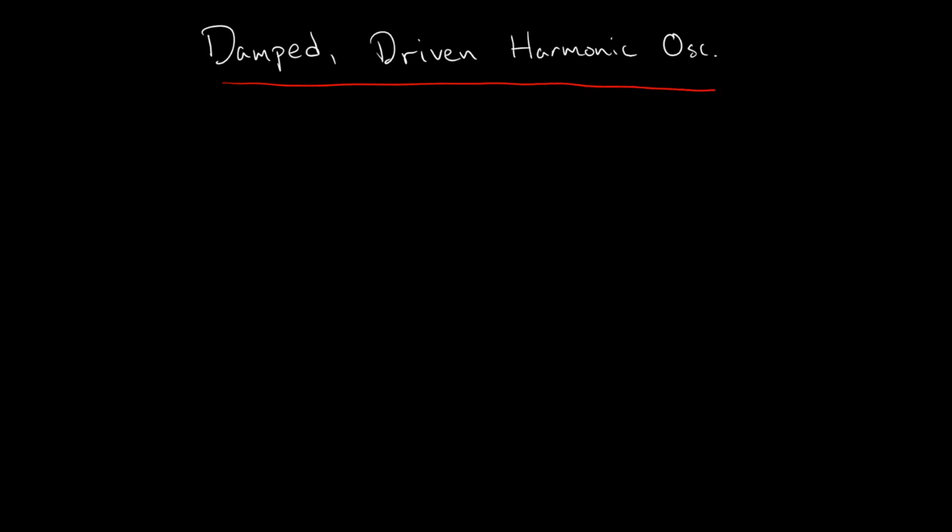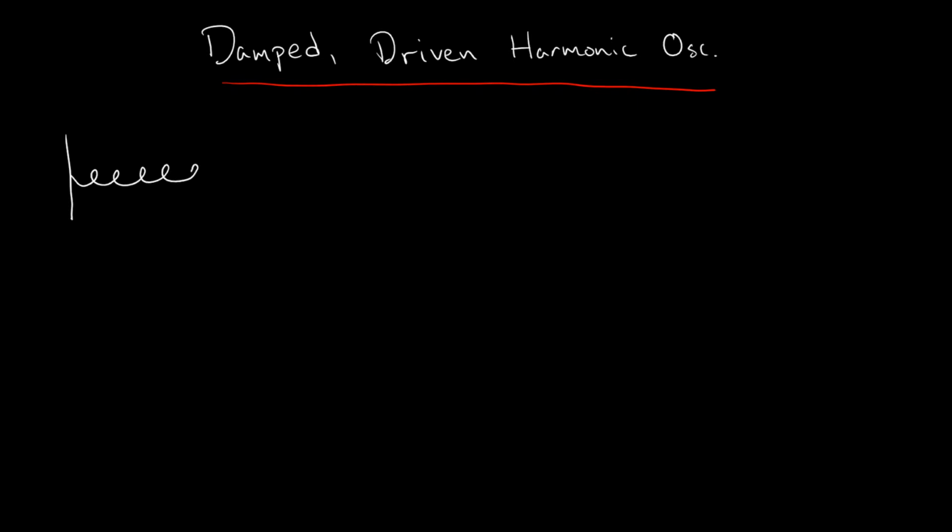So up here, damped driven harmonic oscillator. And okay, so the setup looks like this. It's a standard harmonic oscillator, right? So I might attach it to like a wall or something.